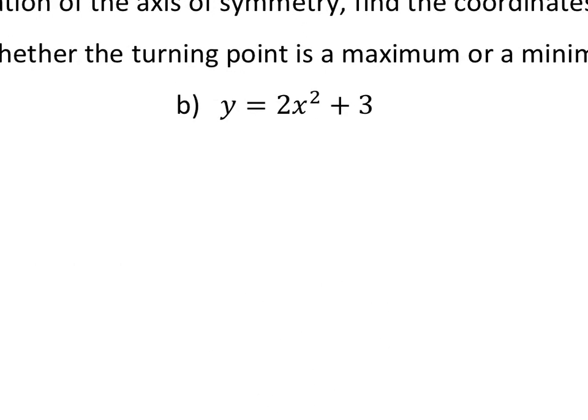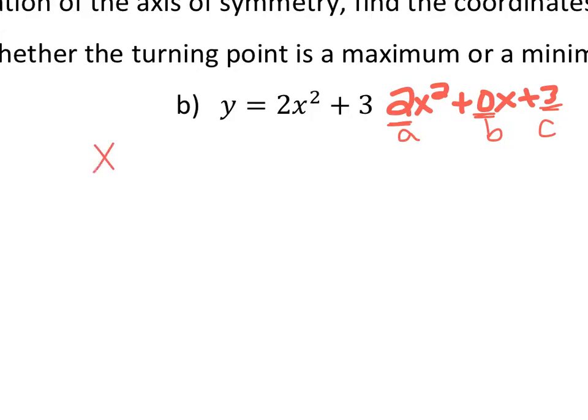Y equals 2x squared plus 3. Remember, to find the axis of symmetry, we need A, B, and C. So we could essentially rewrite this as 2x squared plus 0x plus 3. So here's A, B, and C. Remember your formula as x equals negative b over 2a.